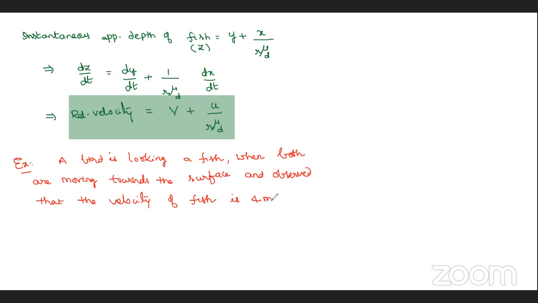The velocity of fish with respect to water is 9 meters per second. Mu is equals to, take it as like, better we take 12 now. Then 8, ఏదో ఒక value తీసుకుందాం.